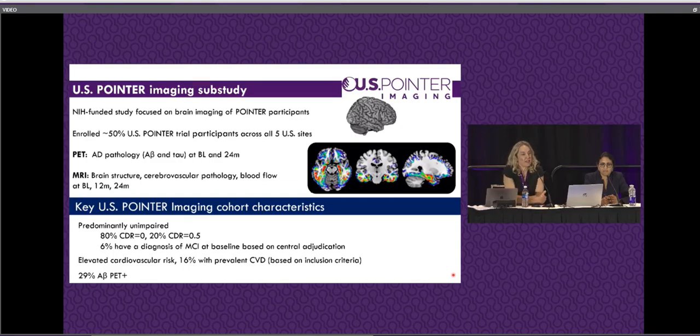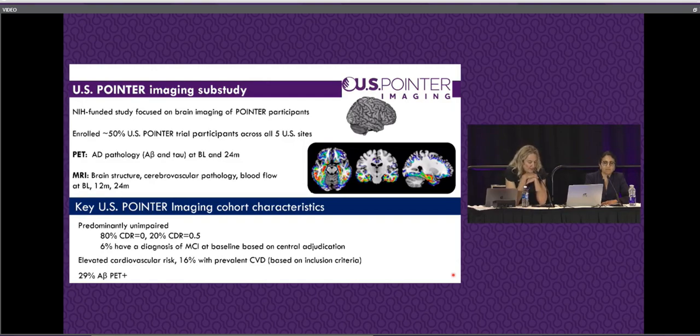So in the imaging study, we enrolled about 50% of the total main trial participant group. We had amyloid and tau PET at baseline and at 24 months, and had MRI scanning to look at brain structure and a variety of cerebrovascular measurements at baseline, 12 months, and 24 months. And you can see some of the key characteristics of the sample at the bottom there, and you'll hear more about this in the talks today.